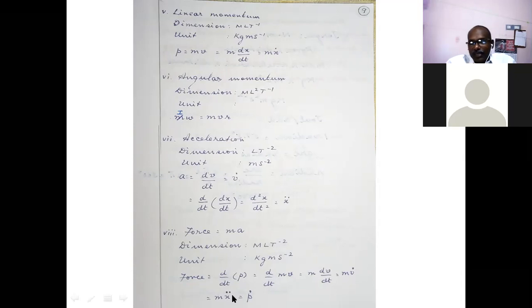So, when momentum is differentiated with respect to time once, you are getting the force. So, force is mass times acceleration, and the dimension of force is m l t power minus 2, and the unit for force is kilogram meter per second square.